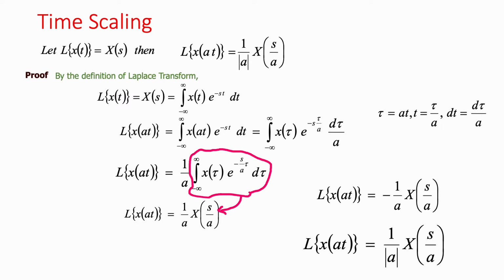If a is negative, the Laplace transform of x of minus at equals minus 1 by a times X of s by a. So combining both, we can write x of plus or minus at as 1 by modulus of a times X of s by a.